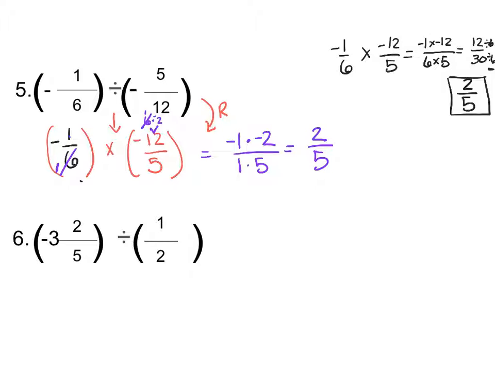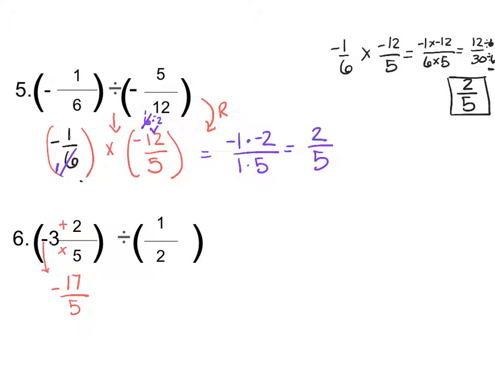So here I see a mixed number, so I'm going to go ahead and change that into an improper fraction. Don't look at the negative. That just means that the whole number is negative. So put the negative in after you figure out the improper fraction. So 5 times 3 is 15, plus 2 more is 17. So I have 17 over 5, and it's going to be negative because I'm getting that negative right here. Okay.